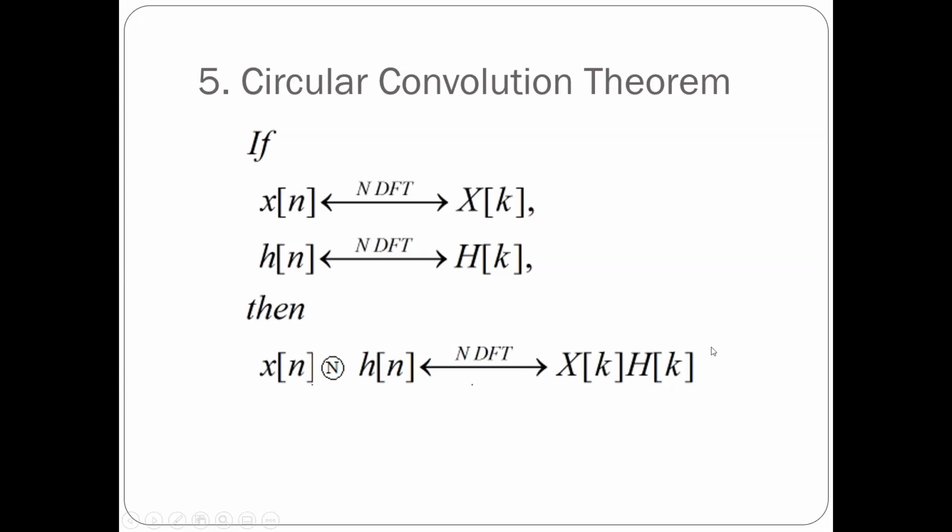And then if you take the inverse DFT of Y of k, you can call the signal y of n, and that signal y of n would be the N-point circular convolution of x of n and h of n. So this is the way in which you can compute circular convolution in the frequency domain.